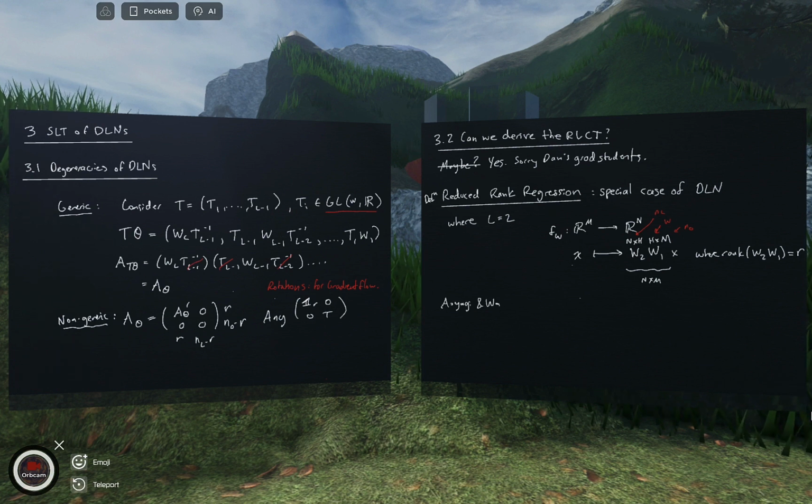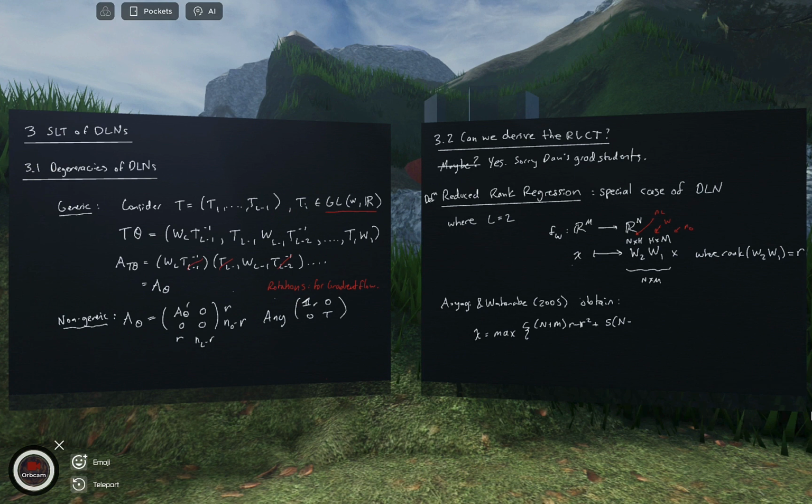Okay, so Aoyagi and Watanabe back in 2005 obtained the following RLCT formula. It's supposed to be an r.